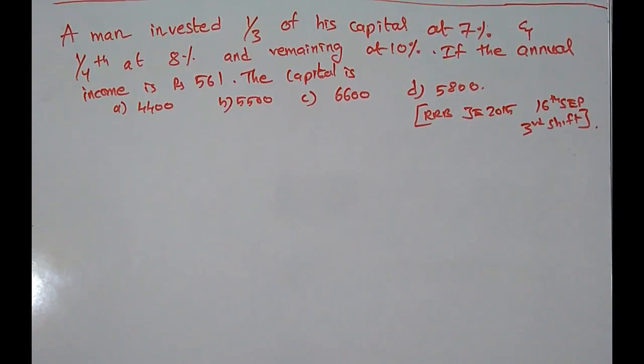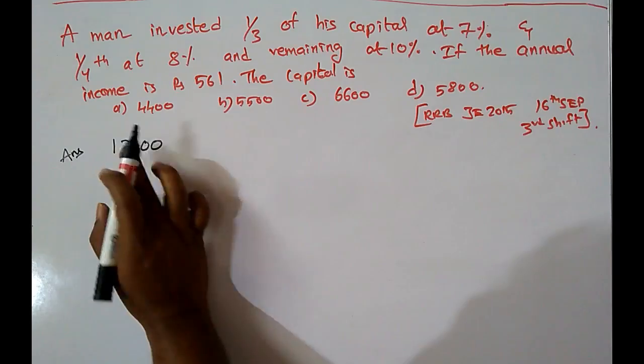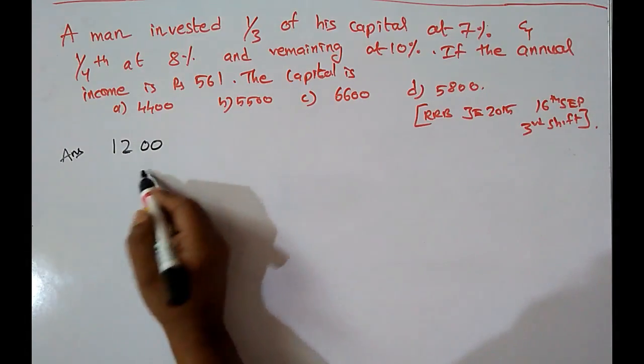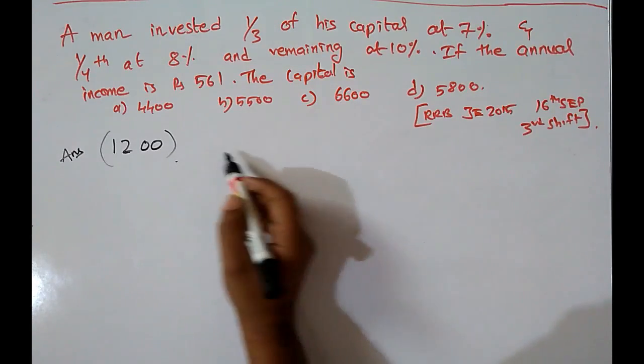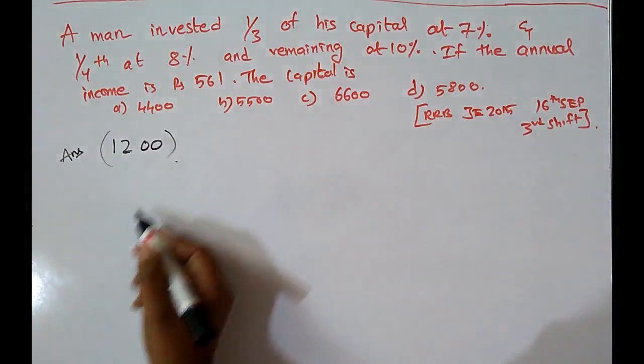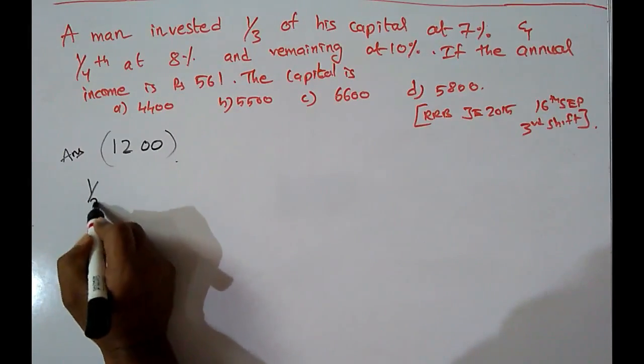A man invested one third of his capital at 7% and one fourth of his capital at 8% and the remaining at 10%. If the annual income is rupees 561, what is the capital? I take the capital as 1200 because it is divisible by 3 and also divisible by 4. That is the funda.